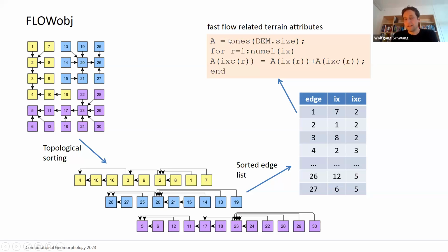So you initiate a matrix of ones as the initial amount of water, and then you can just run through this edge list, which involves some awkward indexing and so forth, but that goes super fast. And so the algorithm turned out to be big O(n) in the end, okay? So it scales just linearly with the DEM size.